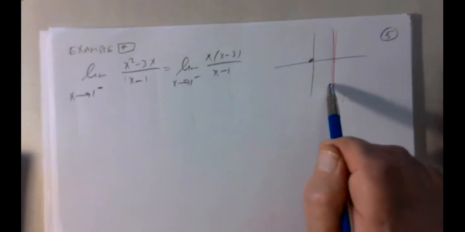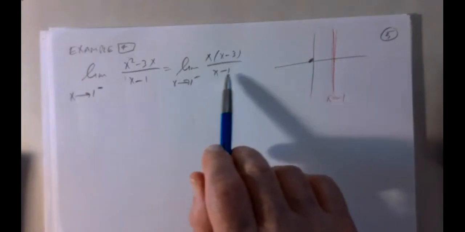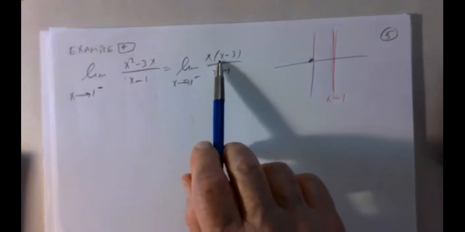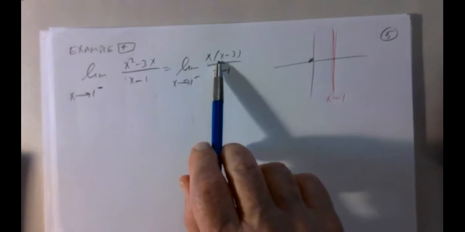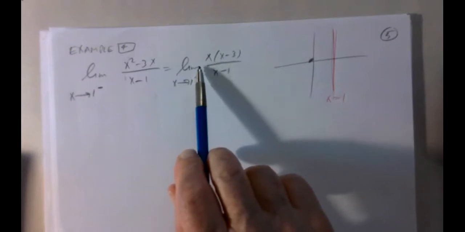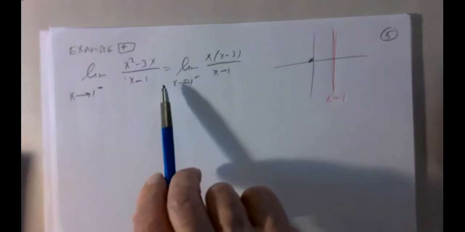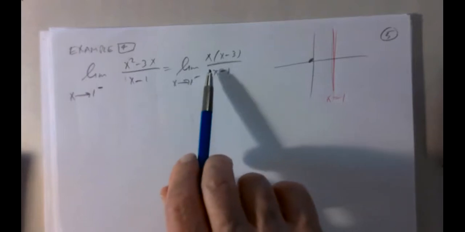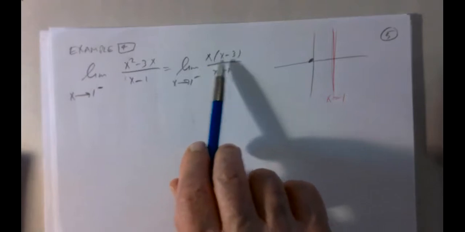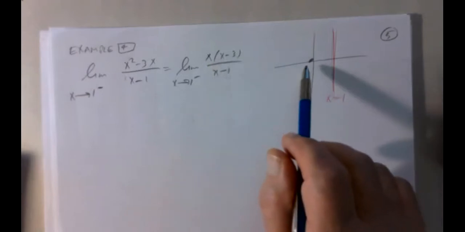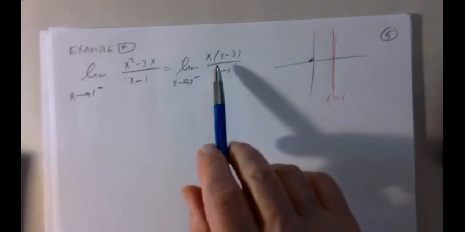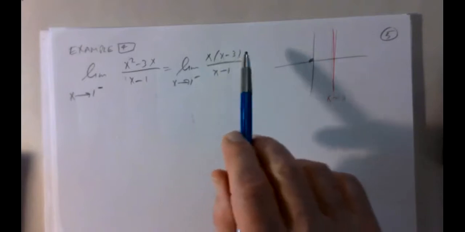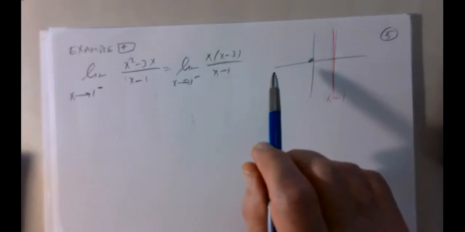If x is less than 1, then x minus 1 is negative. If x is less than 1, x minus 3 is negative, and negative times negative is positive. If x is between 0 and 1, this is positive times negative. This is negative.